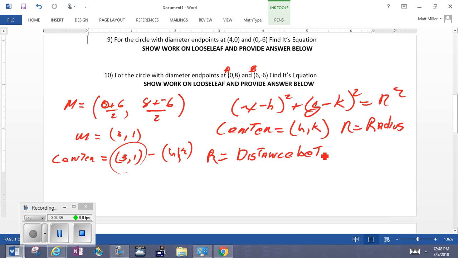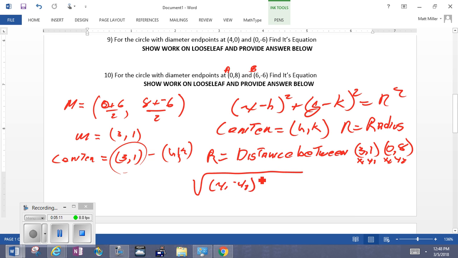So r is equal to the distance between the center at (3, 1) and either A or B. So let's just choose (0, 8), since I have one coordinate equal to 0. So then I use my distance formula, which of course is, x1, y1, x2, y2, tag those so we don't forget. The distance formula is the square root of (x1 - x2)^2 + (y1 - y2)^2.